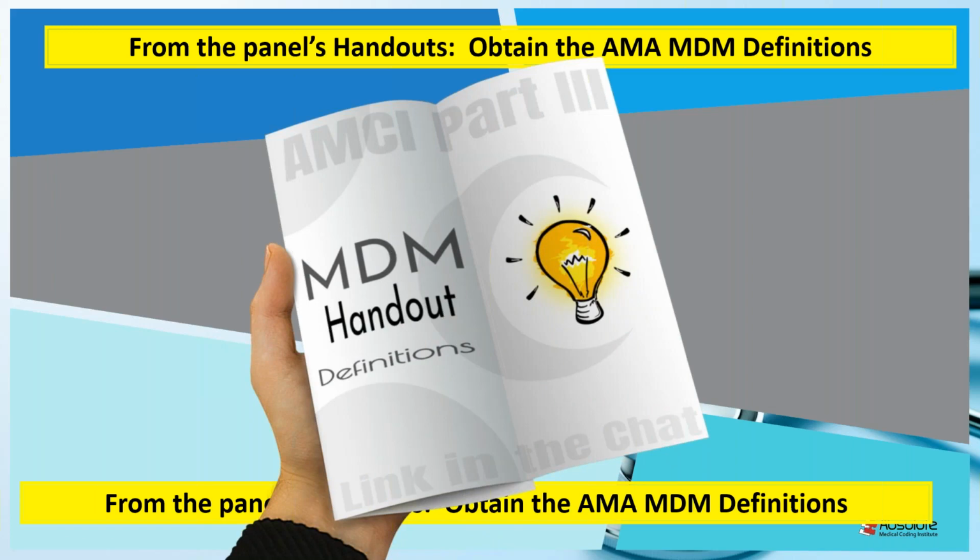This is also in your CPT manual, as I just showed you. And before this presentation is over, I'm going to give you the link, because we're going to talk specifically about these definitions. I'm going to give you a link for handouts for definitions. And it's important, and you're going to know very soon why understanding these definitions is important.